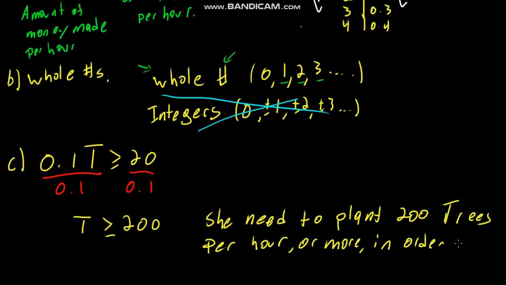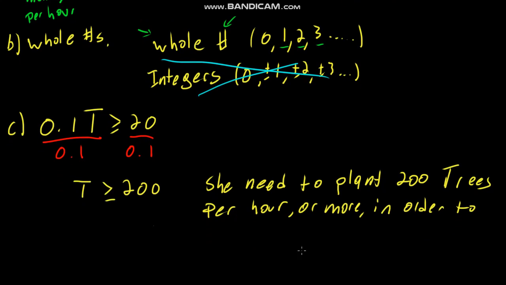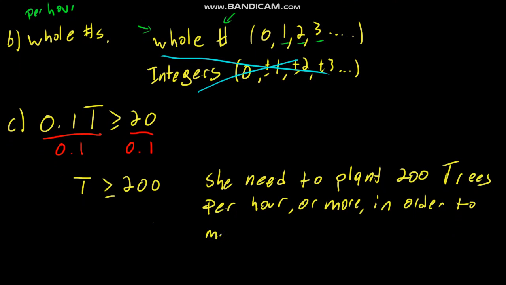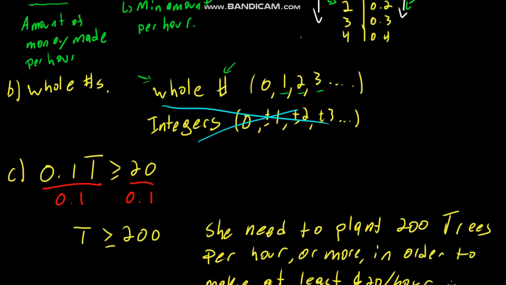Or let's say in order to make at least $20 an hour. Of course, if she plants more than 200, then she'll get more than $20 an hour. But that's really what the question's looking at.